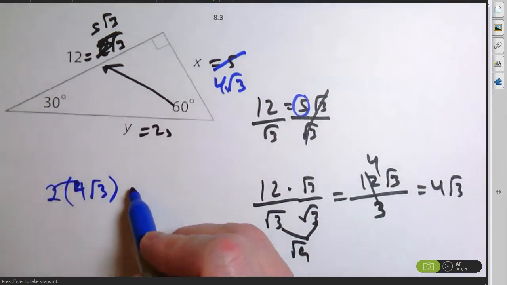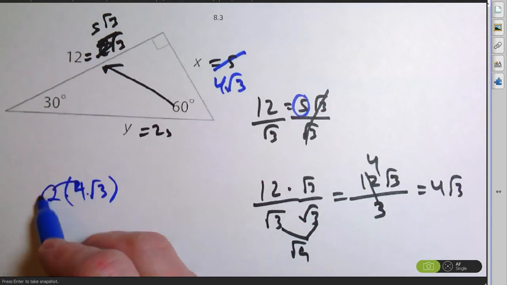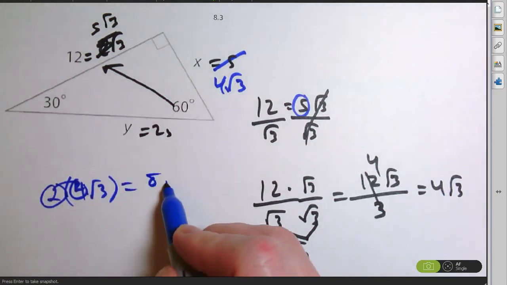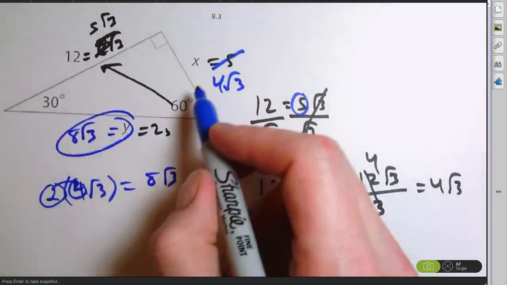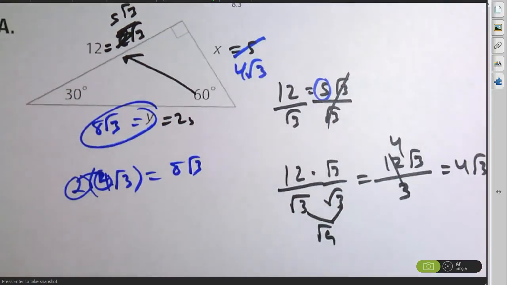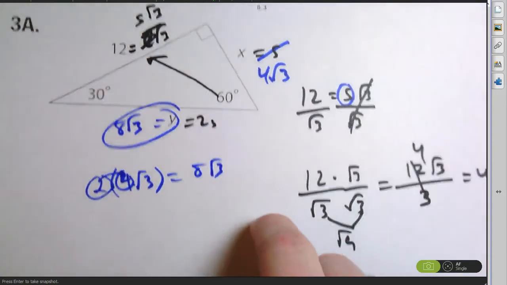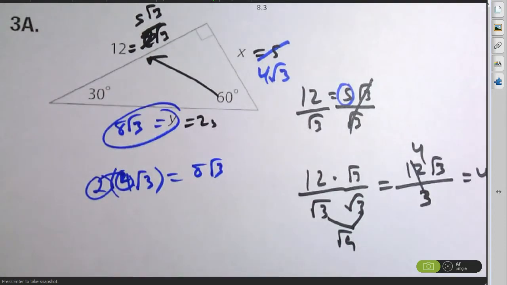I'm just multiplying the whole numbers on the outside, so that's 8 root 3. That's Y. I didn't realize it until just now, they gave you the hardest one first. If you can handle this one, you can do any of the 30, 60, 90s, because they're all the exact same thing. It's just which one do I have first and working that way.